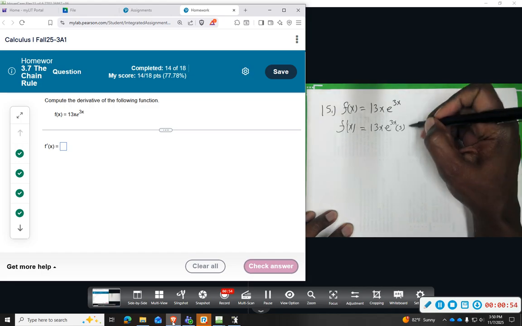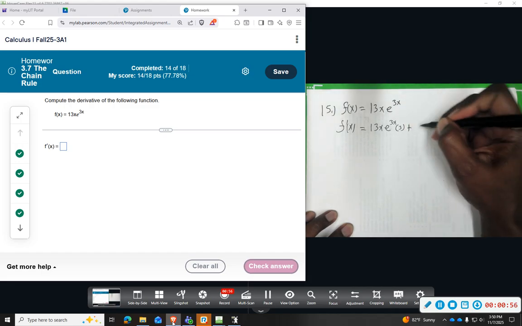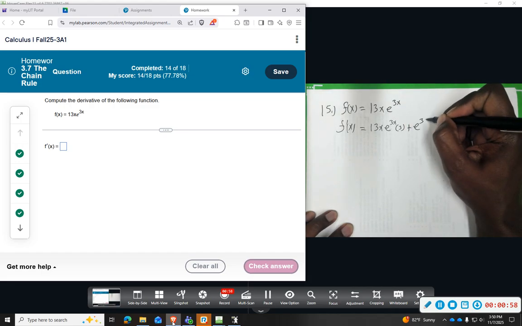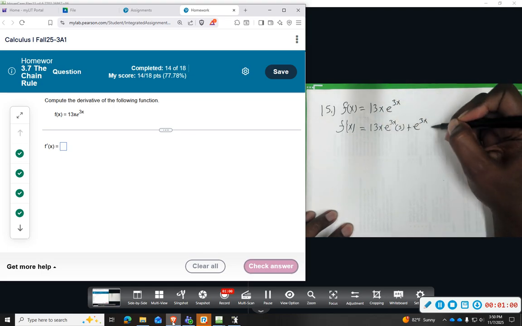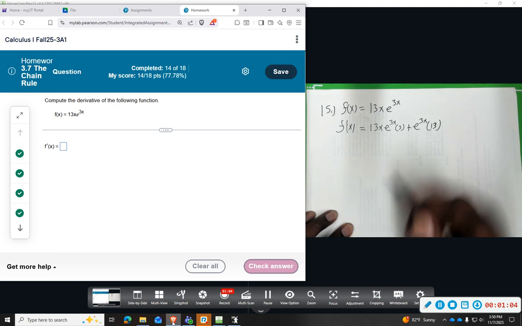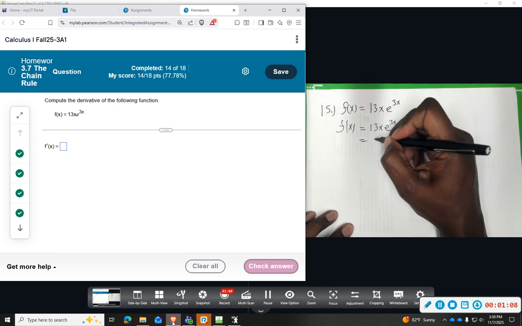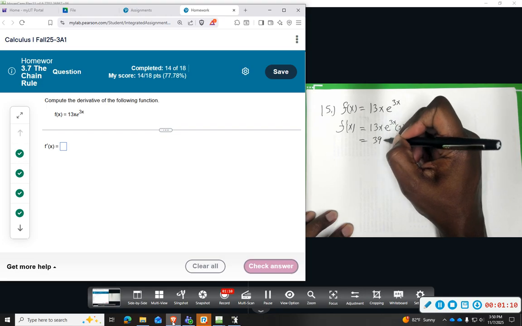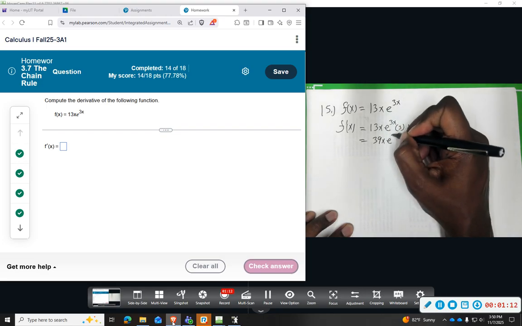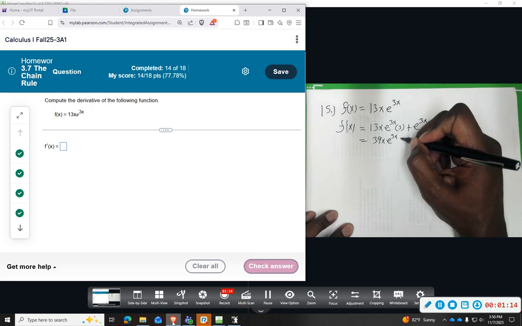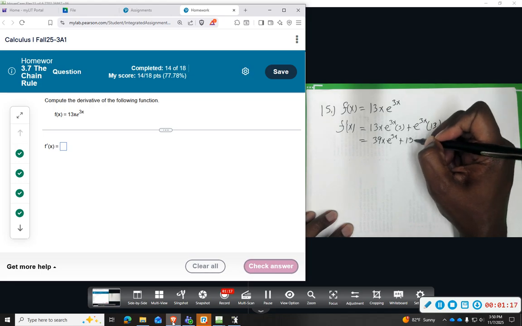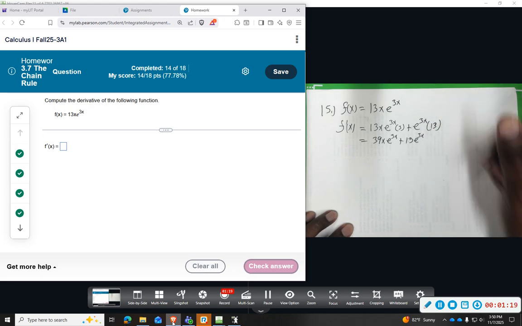First times the derivative of the second plus the second times the derivative of the first, which would just be times 13. And if you want to simplify, 3 times 13, 39x e to the 3x plus 13 e to the 3x.